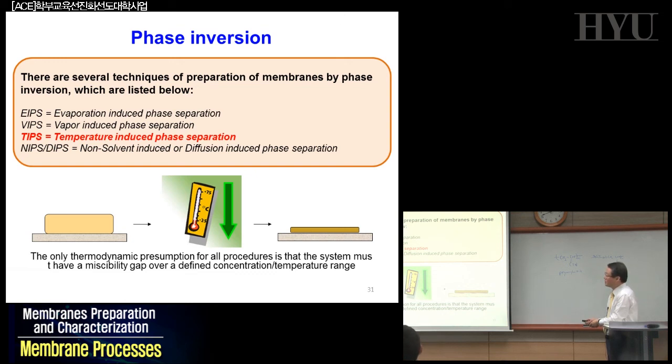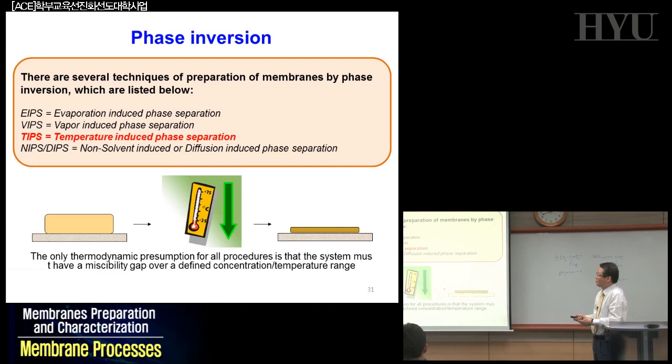TIPS is quite typical, but in our case, in the research on the 10th floor with Solvay, we have both TIPS and NIPS processes by using a novel solvent called polaclean, where this solvent is water soluble.